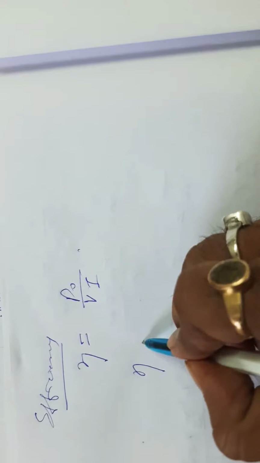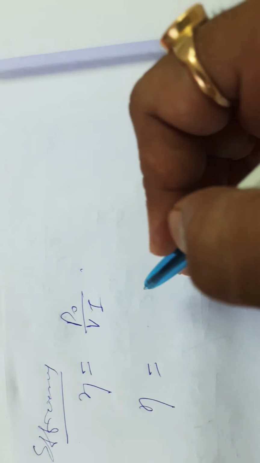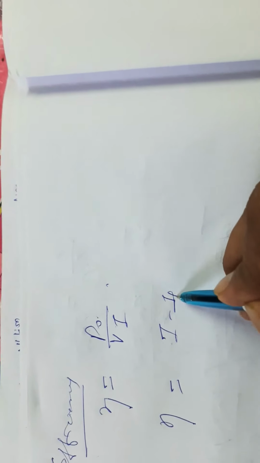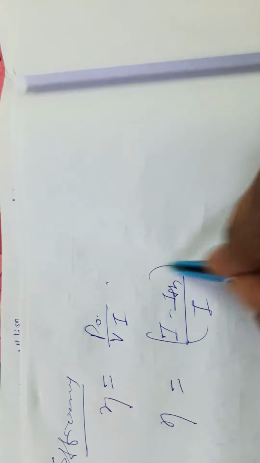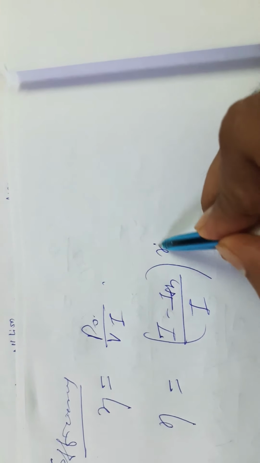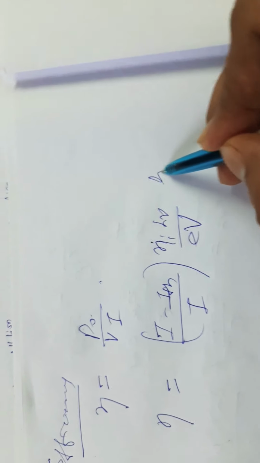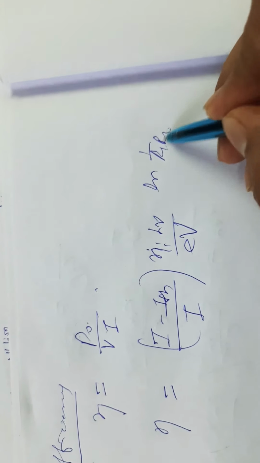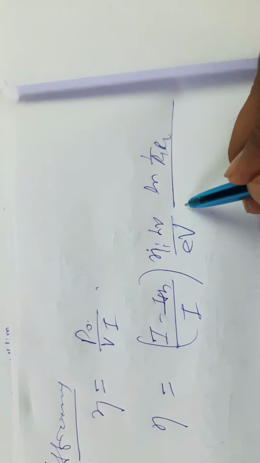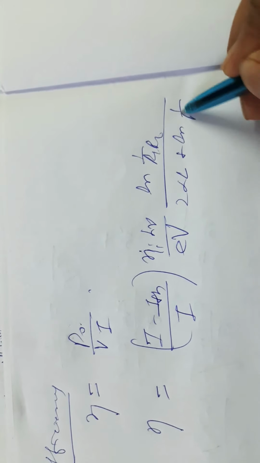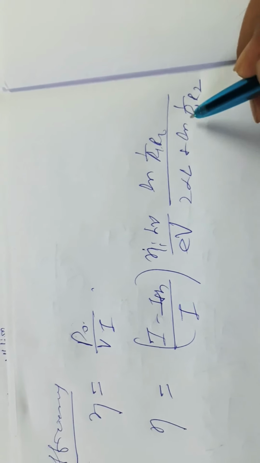So eta could be written as, using the value of P_o we just found, I minus I_th by I, into eta_i h nu by e V, ln 1 by R1 R2, whole divided by 2 alpha L plus ln 1 by R1 R2.